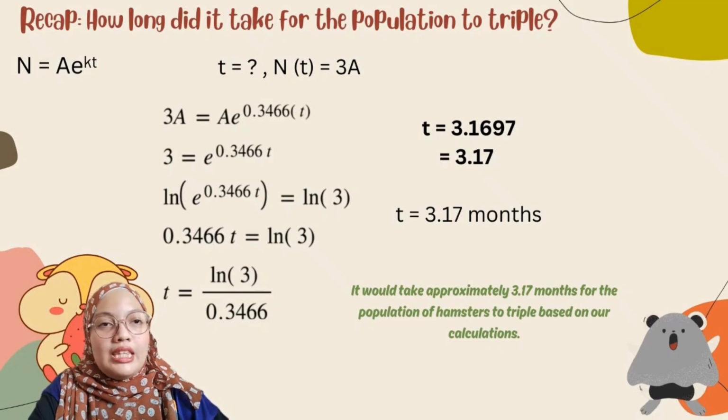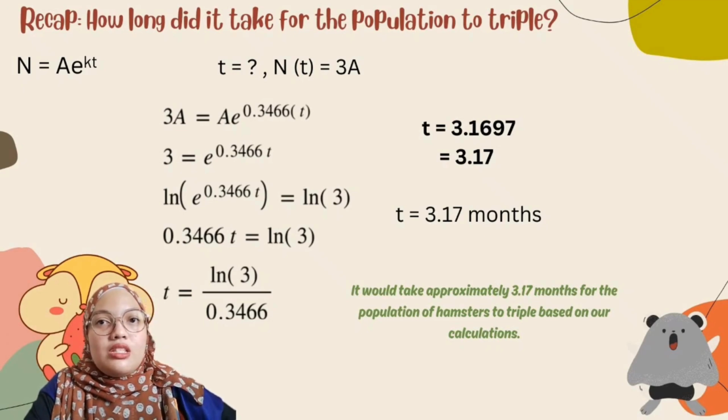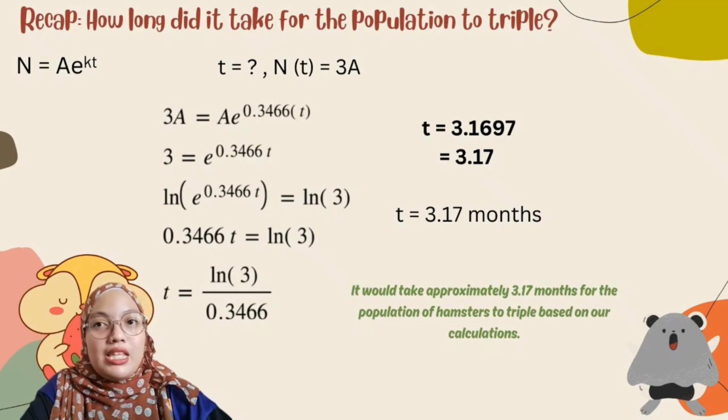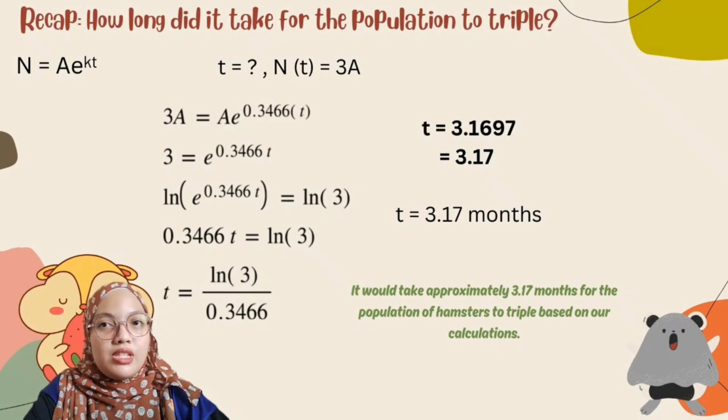In the end, we get t equals 3.1697. We shorten it, so t equals 3.17 months. So we can conclude that it would take approximately 3.17 months for the population of hamsters to triple based on our calculation just now.